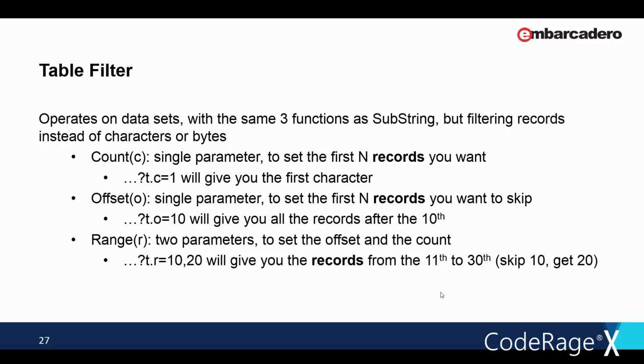You can tell the server which records you want to skip sending to the client using the offset function, or using the range function you can tell both things at the same time, telling the server from where you want to start and how many records you want to send to the client.